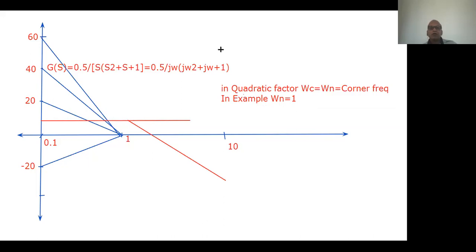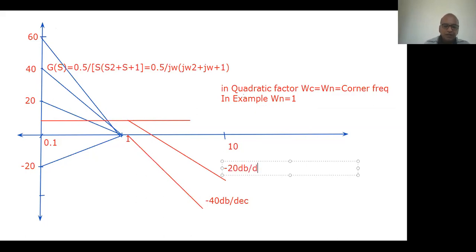To draw this asymptote at this frequency, the slope equals minus 40 dB per decade. Sorry, here the slope is minus 20 dB per decade.